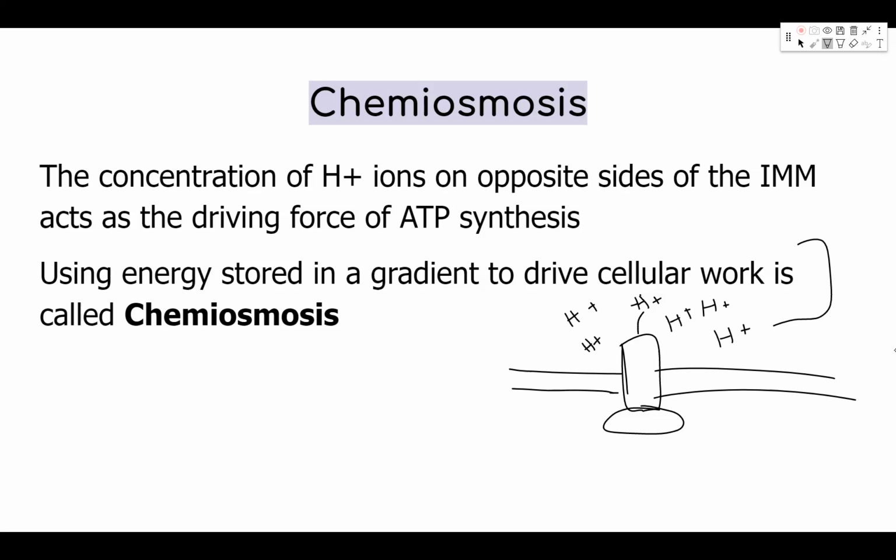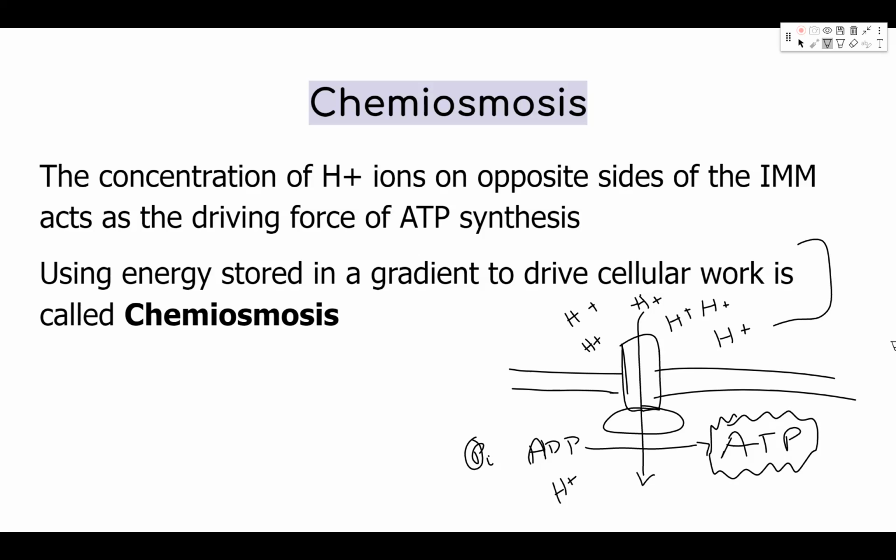And what happens is those hydrogen ions are going to go through that ATP synthase, and we're going to go from ADP and our inorganic phosphates, we're going to make ATP out of it. We are using this gradient to our advantage, and we call that chemiosmosis.